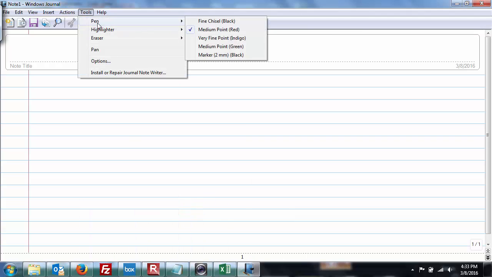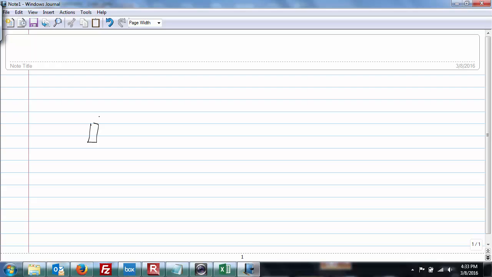So if we go to this tool, pen, fine chisel, black, you're going to see 2 different types of wall outlet. Is the big one on the left or the right? Yeah, the big one's on the left. Neutral is on the left and hot is on the right.